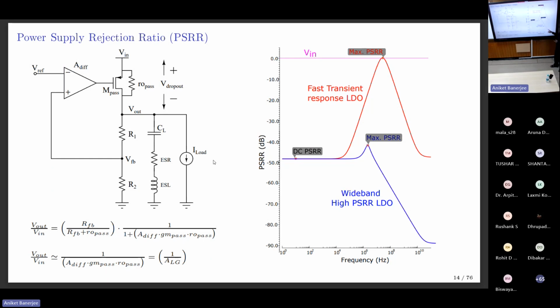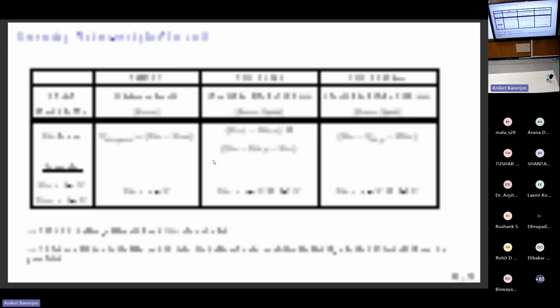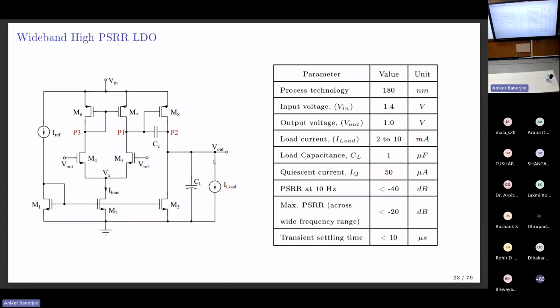There are 2 specifications: what is the DC PSRR, and what are the PSRR numbers across this frequency range? What is this max and what is this DC? If you take a typical wideband high PSRR design, these are the set of specifications.